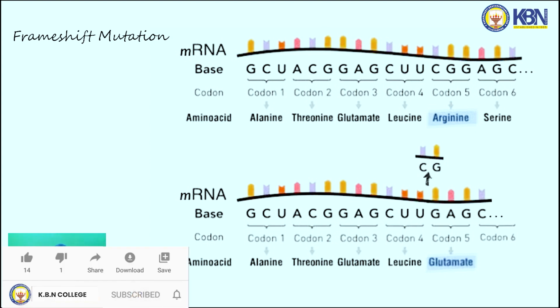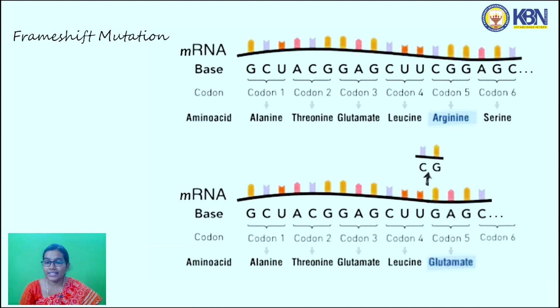Whenever there is addition or deletion of one or two nucleotides, this happens. There is no interchange, but there is complete addition or deletion. How? Observe the second frame where C and G are removed from the original sequence.